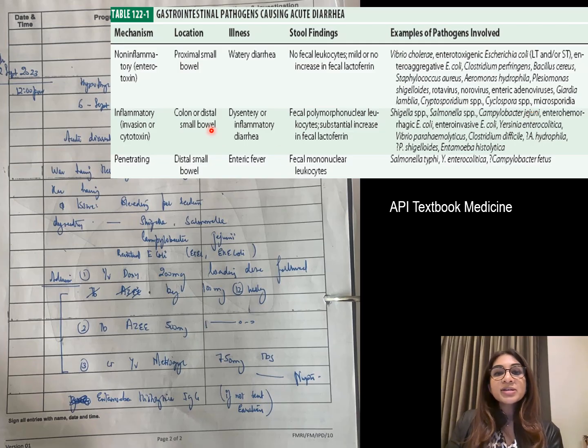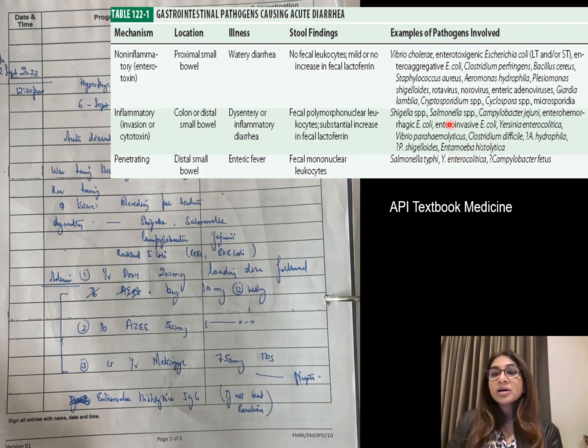Whereas the large bowel diarrhea is inflammatory diarrhea, which is associated with dysentery, a lot of inflammation, and there can be presence of blood, mucus, tenesmus caused by Shigella, Salmonella, Campylobacter jejuni, enterohemorrhagic E. coli, enteroinvasive E. coli, Yersinia enterocolitica, as well as Aeromonas hydrophila, Vibrio parahaemolyticus, C. difficile, and Entamoeba histolytica.